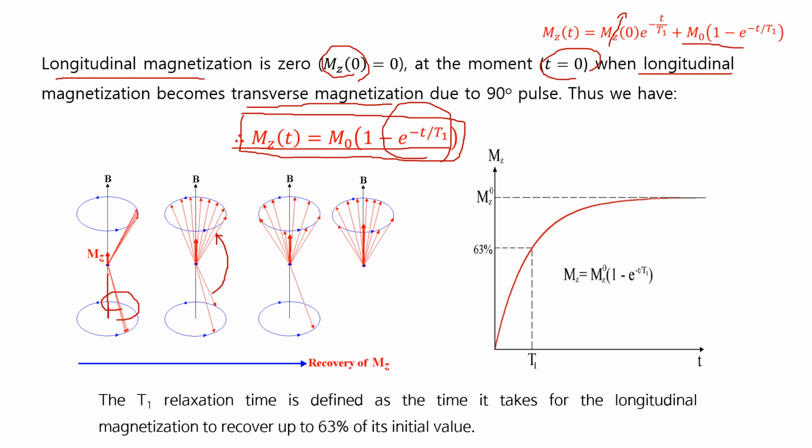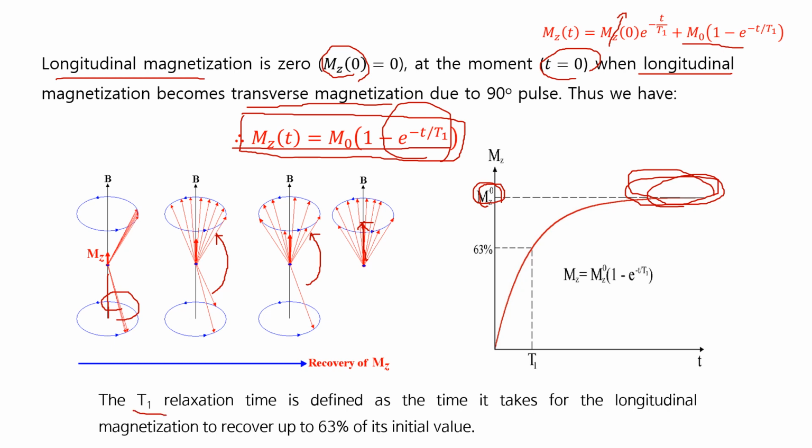At this moment, the magnetization recovers to the original value, Mz0, right? So if we wait for a long time, all nuclear spins anti-parallel to the field move back to parallel to the field, and so the original magnetization can be obtained. So we have to wait for a long time.